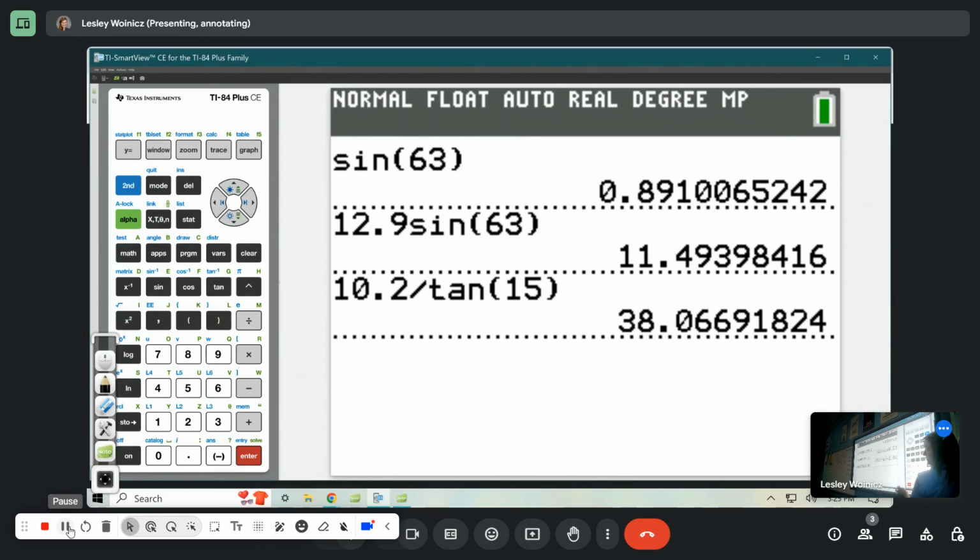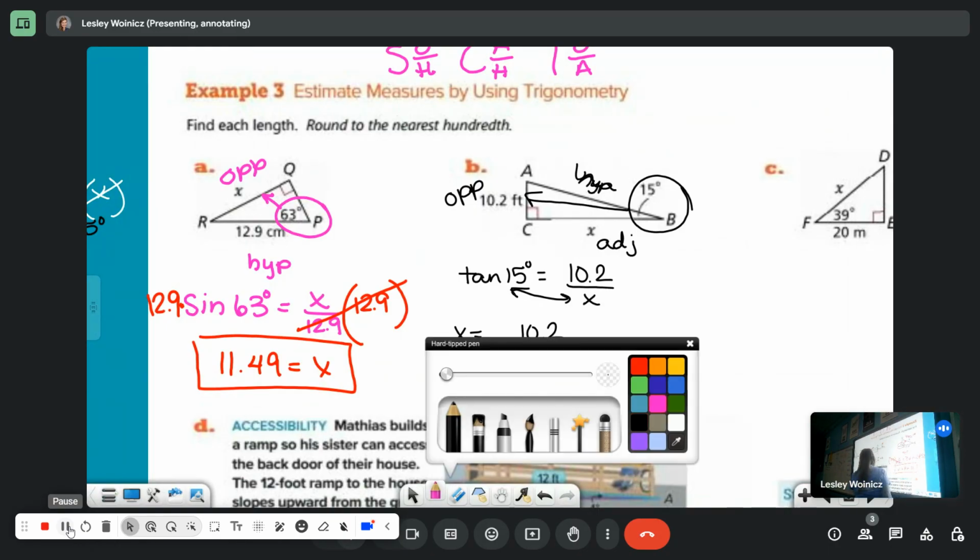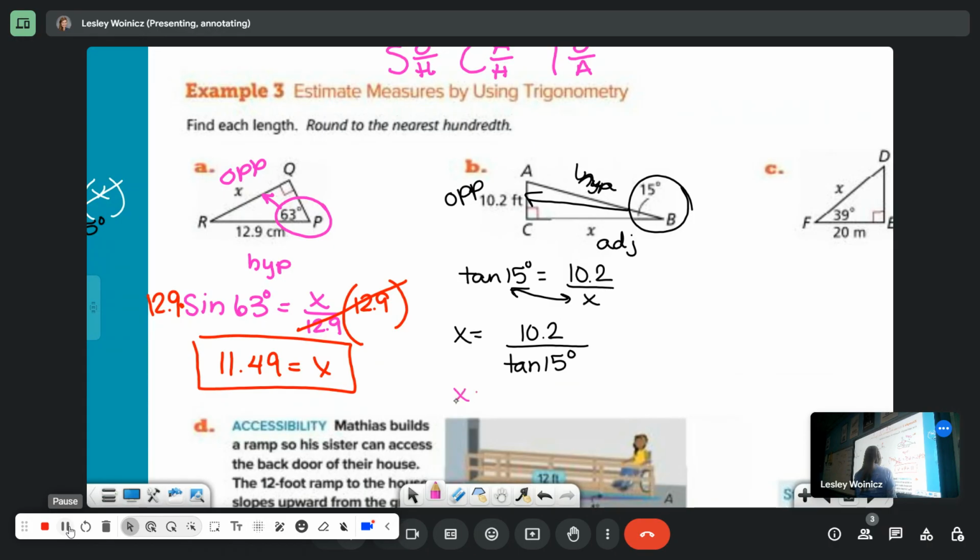I got 38.07. Is that what you guys got? And you are correct, it is feet.